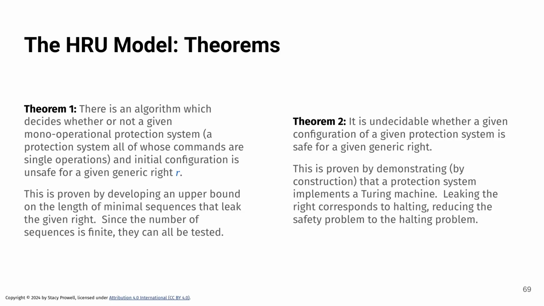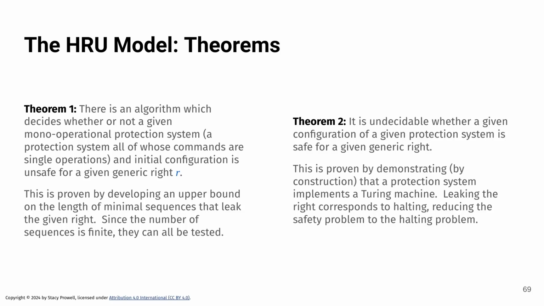And once I've done that, the system can only evolve in a very specific set of ways. Over time, I'm adding rights to cells. Eventually, those cells are full. I don't have any other rights I can add to them, right? R is a finite set. Eventually, I've given all the rights to everybody. So there's a maximum length sequence that I have to consider.